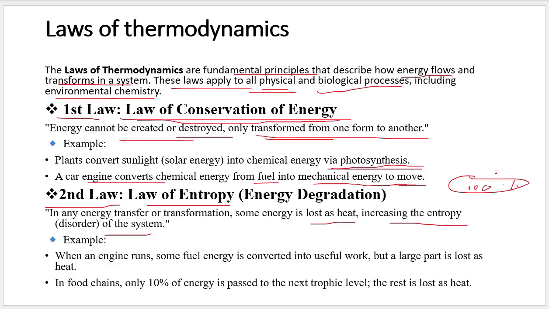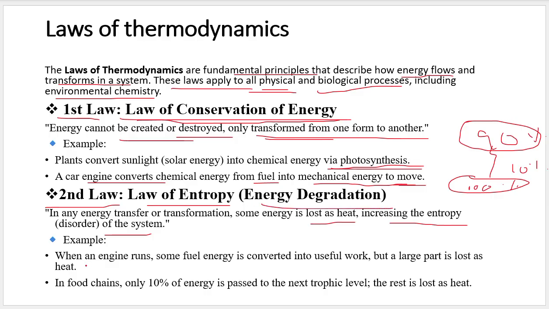When this energy is transferred to another subject, or transformed, some of it is lost as heat. Say only 90% of the energy will reach, and the remaining 10% will be lost as heat. This is the second law, the law of entropy, also called energy degradation.